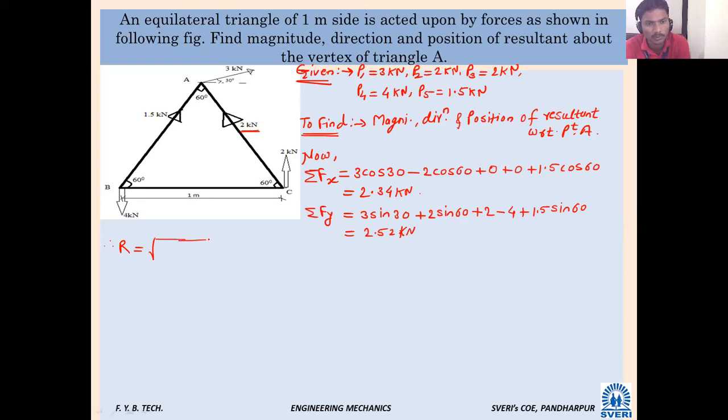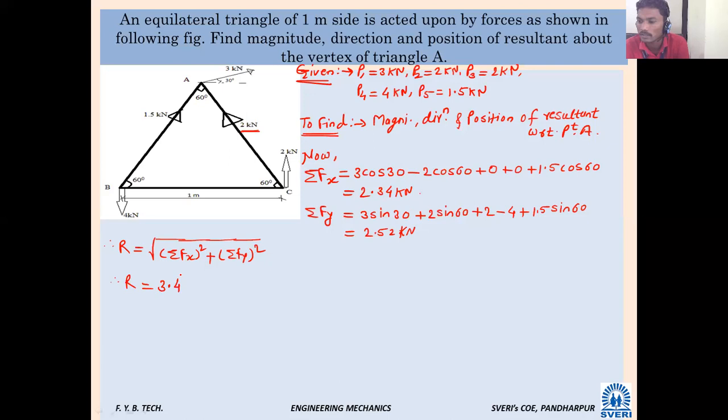What is R? Square root of summation Fx square plus summation Fy square. Tell me the value of R. Therefore, R is equal to 3.43.